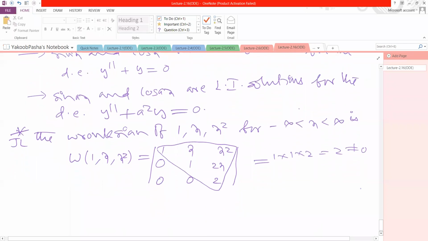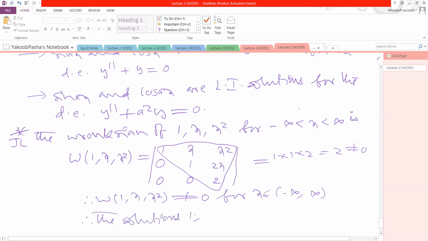That means the Wronskian is not equal to 0. Therefore the Wronskian of 1, x, x square is not equal to 0 for x belonging to the open interval minus infinity to plus infinity. Therefore the solutions 1, x, x square are linearly independent solutions.